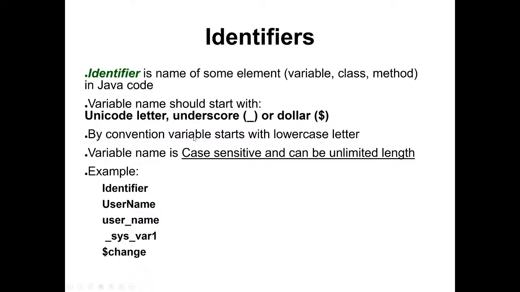Identifiers. That's the name of an element, it could be a variable, class, or method in Java. Different characters can be used there. They should start with a letter, underscore or dollar sign.